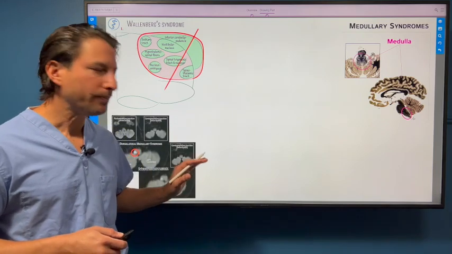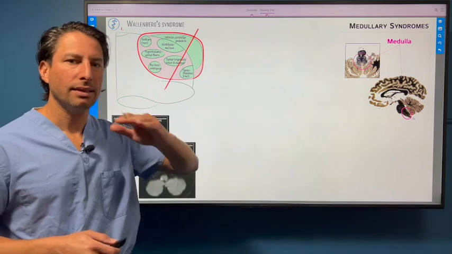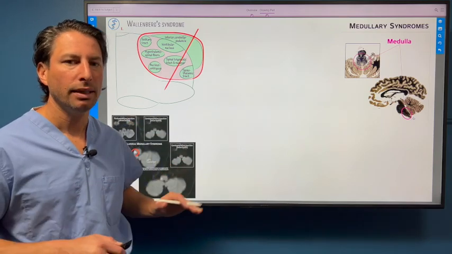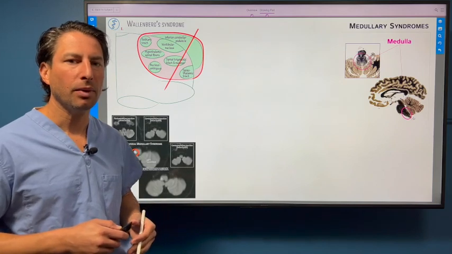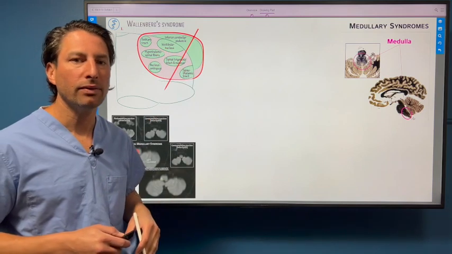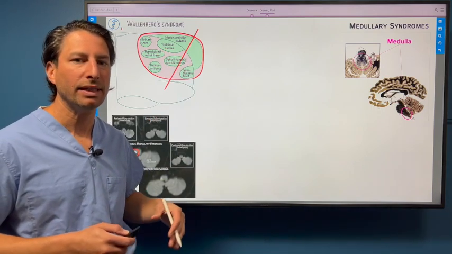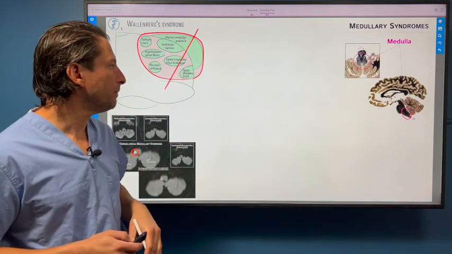And because MRIs are slices and there's gaps in between, sometimes the stroke just won't be identifiable on the MRI. It's really helpful to know exactly where you're looking, and it's really helpful to be confident knowing this various constellation of symptoms.